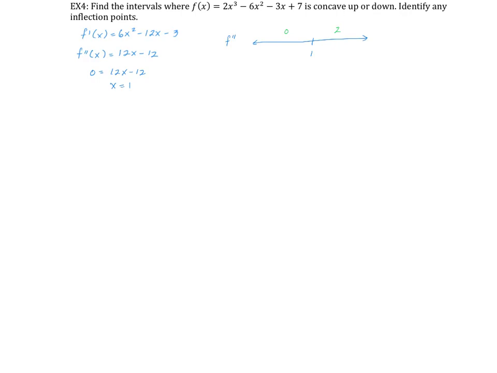If I put 0 into the second derivative for x, then it's negative. If I put in 2, the second derivative is positive. So what that tells me is if the second derivative is negative, then I have concave down. If the second derivative is positive, we have concave up.